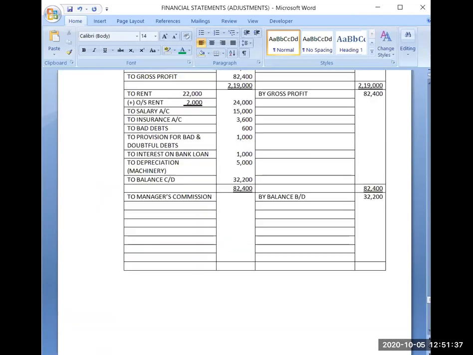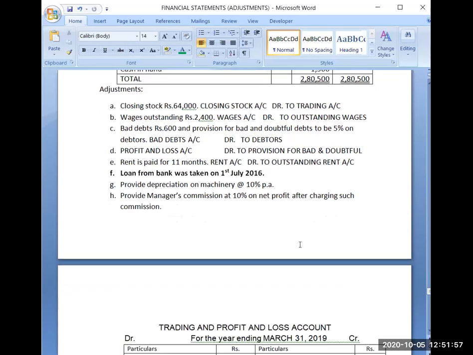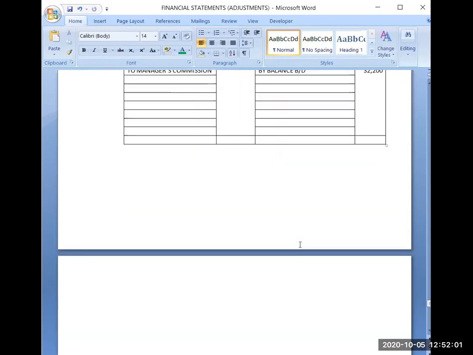Now see the language of the commission. Providing manager commission at 10% on net profit. So 10% on net profit, of which profit charging such commission. It is saying that when you have deducted this commission from the profit, that profit you have to take for calculation of manager commission.